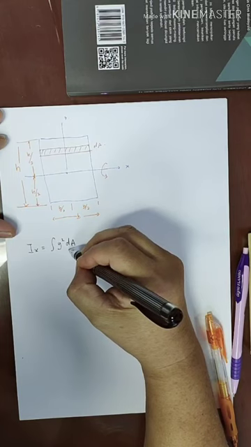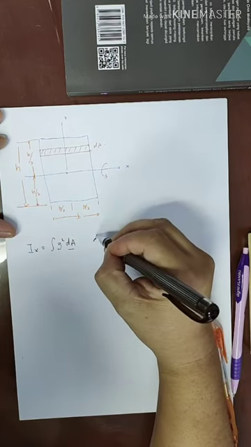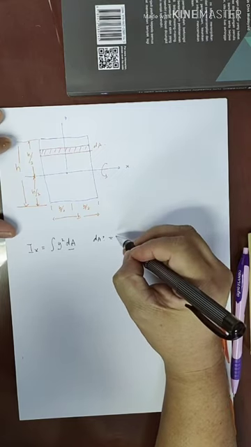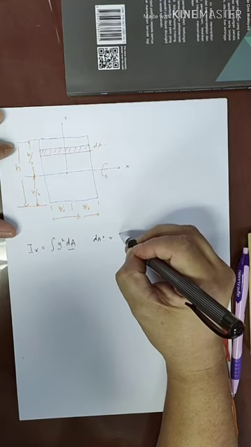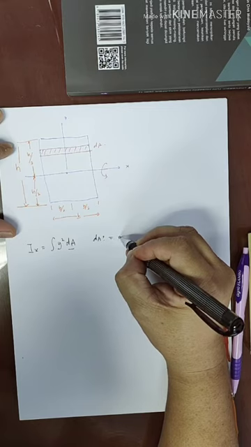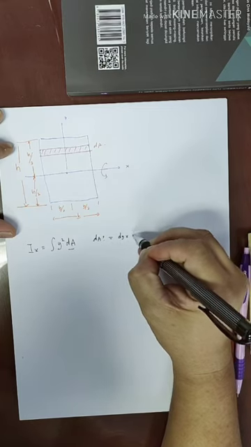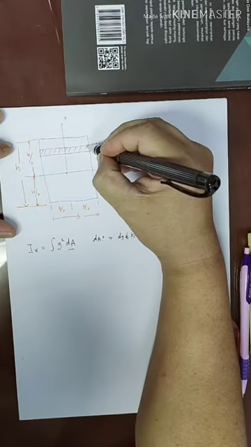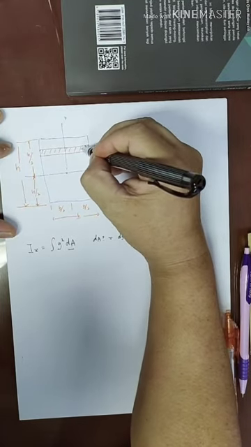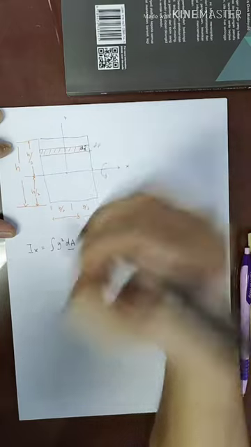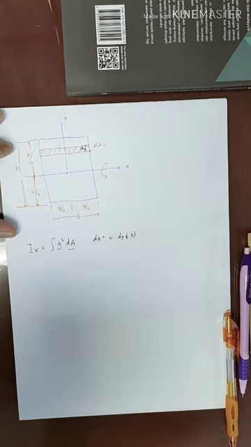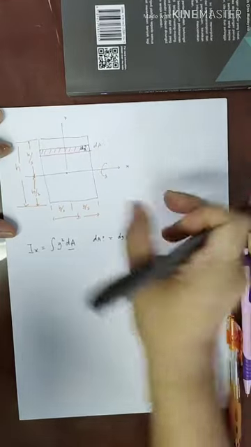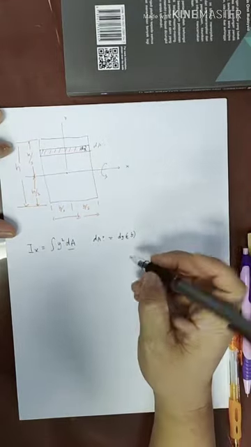So what is dA? dA is equivalent to dy times b. Okay, this is the dy in terms of the y direction and also the whole b.